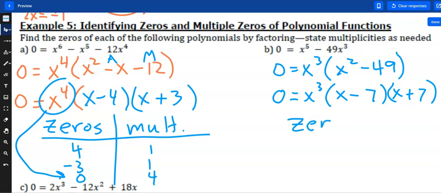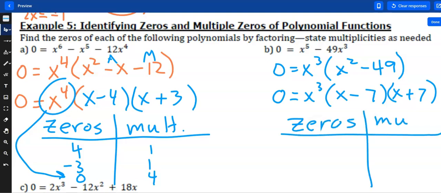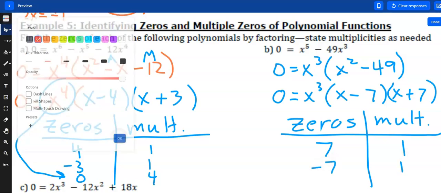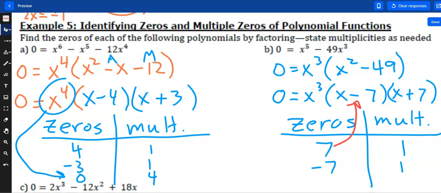And now we can fill in our table. So we've got the 7 occurring once, we've got the negative 7 occurring once, and please keep in mind that 7 comes from this one, and that negative 7 comes from this one. You set the factors equal to 0 and solve, and then this one obviously is the 0 that occurred 3 times.